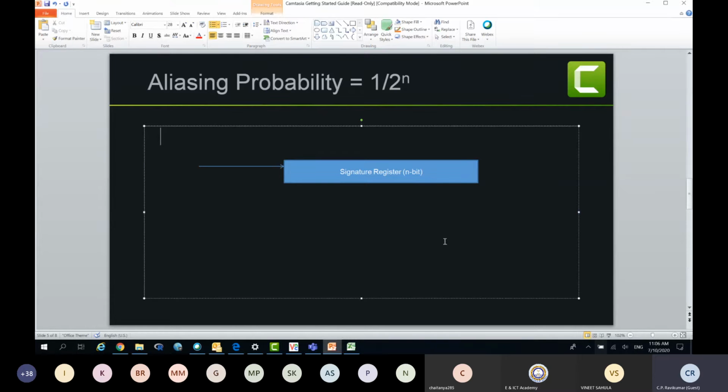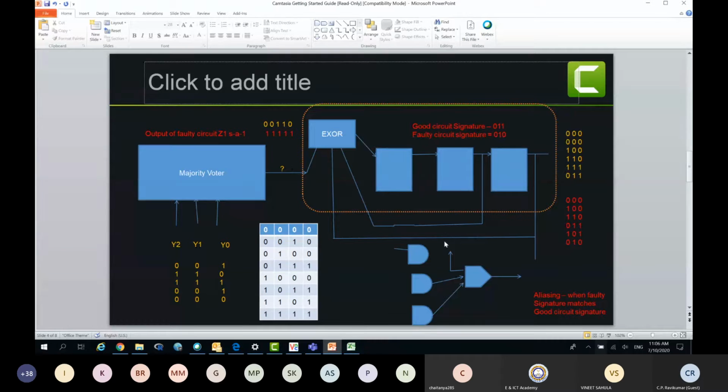It is not a foolproof method of testing. There is a small chance that we'll think that there is no fault, but there is a fault. The aliasing may mask a fault. That is called fault masking. So we are trying to find out through simulation what the good signature is supposed to be, and whether aliasing occurs and stuff like that.